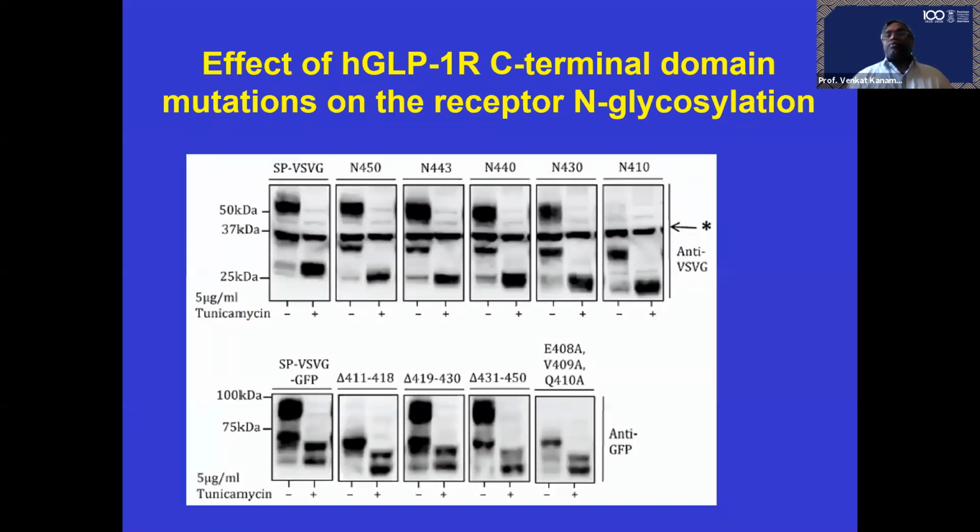Again, we looked for the importance of N-glycosylation, and we confirmed that when we delete this region, we see an effect on glycosylation by this deletion mutant, again indicating that it is somehow affecting the receptor targeting by affecting the glycosylation.